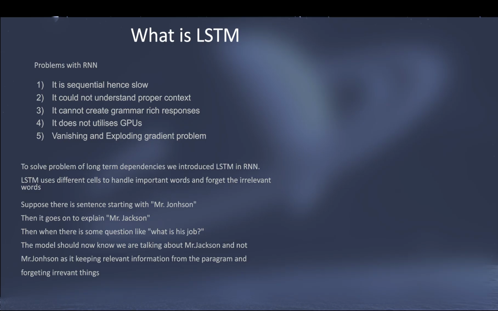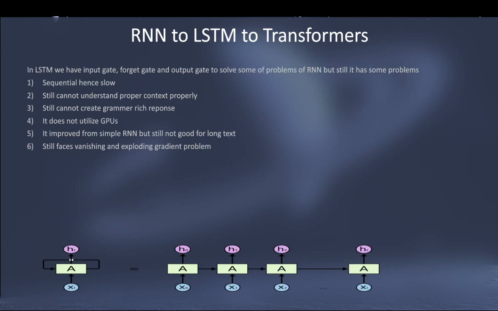It is better than RNN, but it won't be that good, right? Some of these drawbacks, which are similar to RNN, are mentioned here: it is sequential, it cannot understand context, not grammar-rich, not GPU friendly, and it is an improved version of RNN, but not that good.